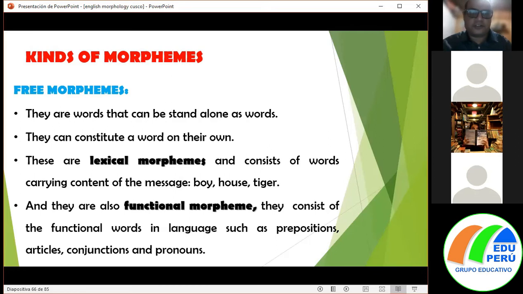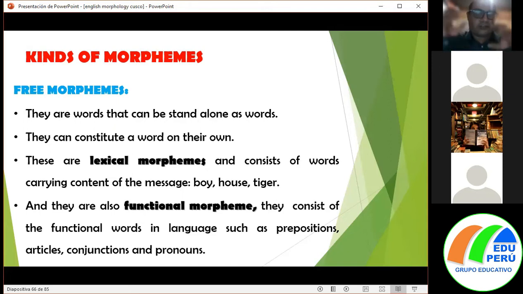On the other side, we have the function words: prepositions, articles, conjunctions, pronouns, determiners. They don't carry content or a message. They just serve as a connector. That's why we call them function words, and they are functional morphemes.